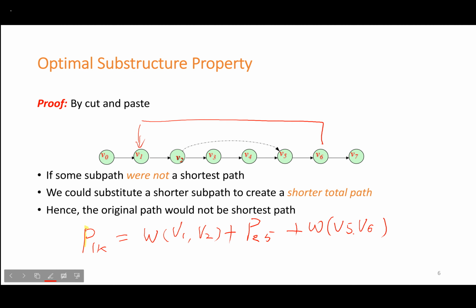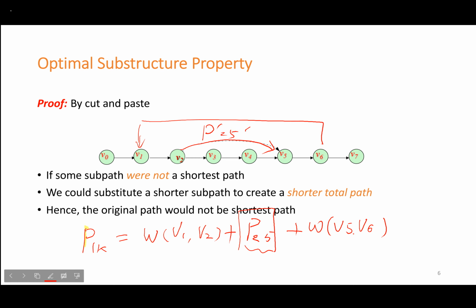Now, if this is wrong and this is not the shortest path, you find another shorter path that can reach from v2 through v5, and you name that one P'25.